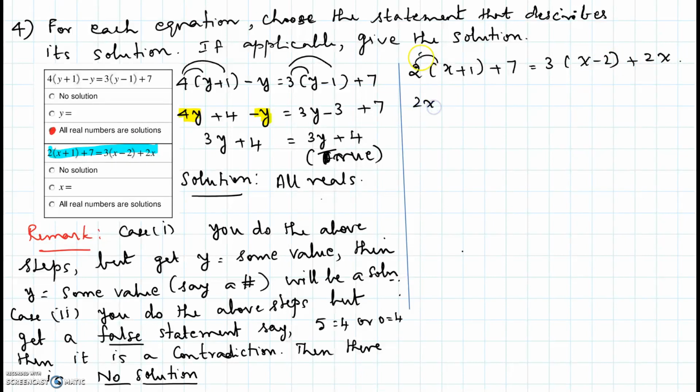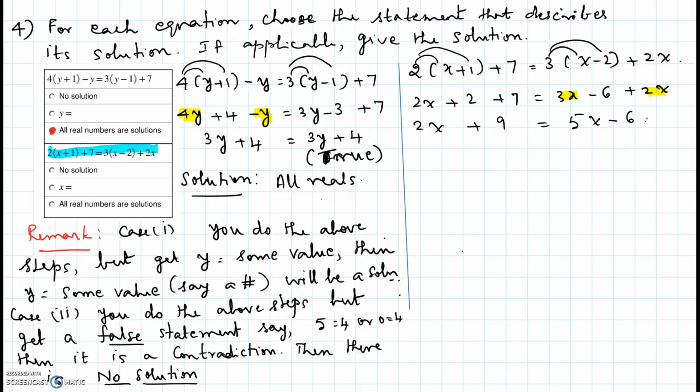So 2x plus 2 plus 7 equal to 3x minus 6 plus 2x. So you get 2x plus 2 plus 7, that's a 9, equal to, here you would combine the like terms, so you get 5x minus 6.